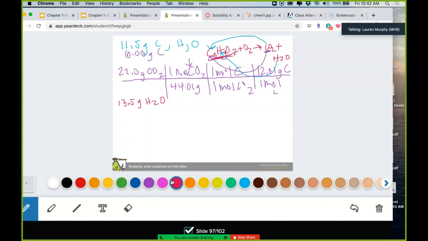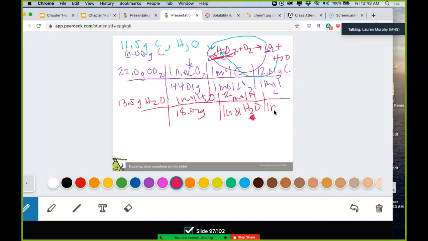Okay, and now we're going to figure out hydrogen because all of the hydrogen in water came from the hydrogen in the organic compound. So you turn grams of water into moles of water, H2O. And then you break the water molecule apart into hydrogens. 1 mole of water has 2, right here, moles of hydrogen atoms.